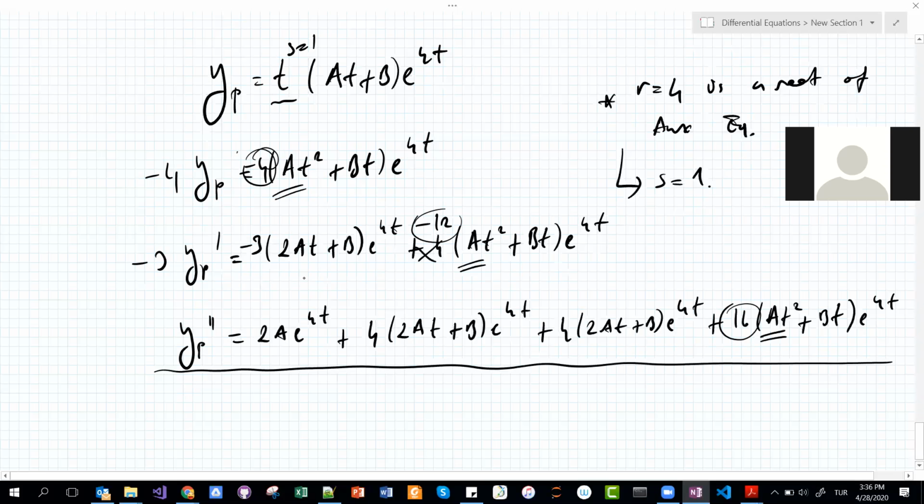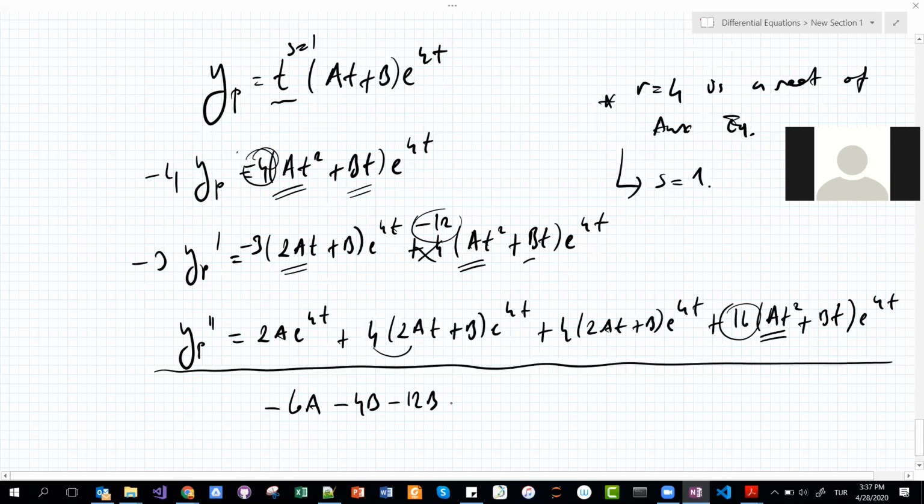And what else do I have around? Bt e to the 4t terms, and t times e to the 4t terms. So negative 4b from the first line, negative 6a from the second line, also negative 12b, this one right here. What else here?